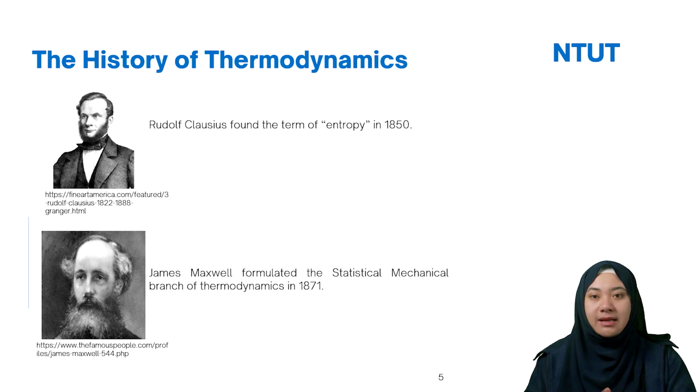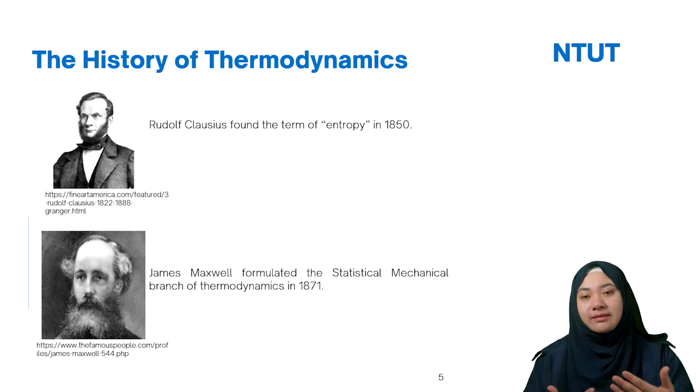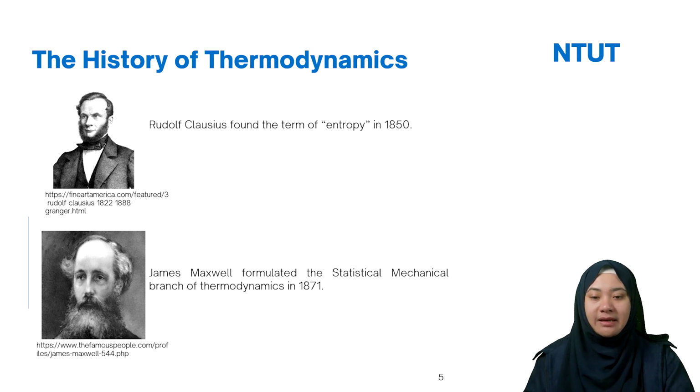They did not concern why entropy cannot decrease, or why our enthalpy is too large and cannot be decreased, or why we cannot control the enthalpy in our system. For this we need to go to statistical, or microscopic, thermodynamics. So James Maxwell formulated it in 1871 to understand thermodynamics deeply.